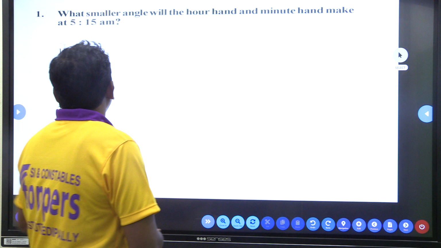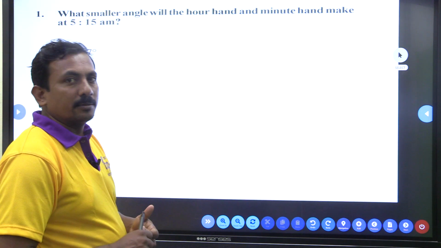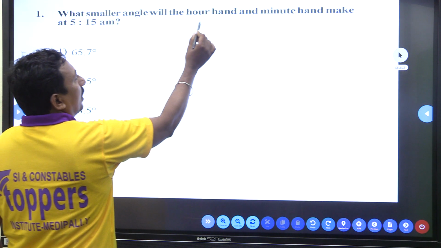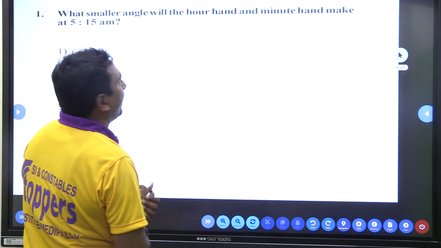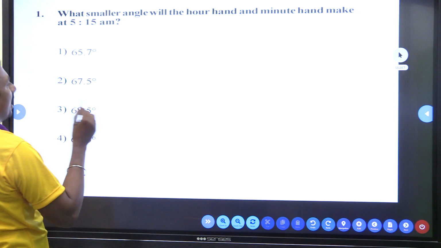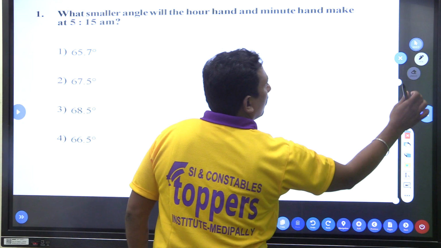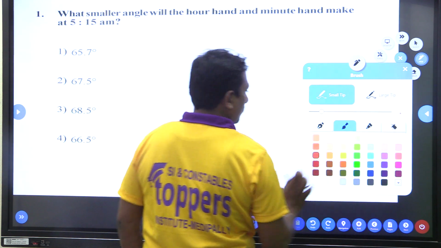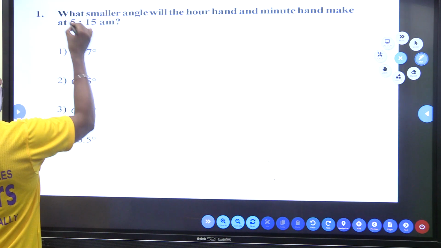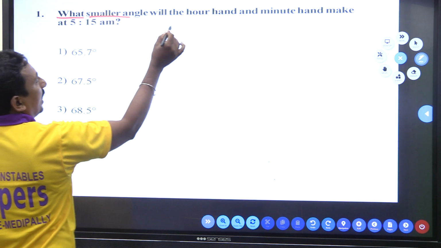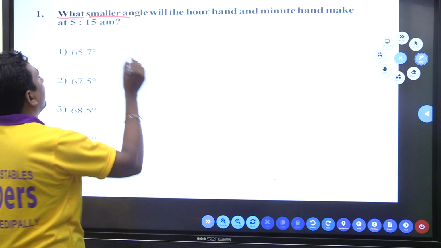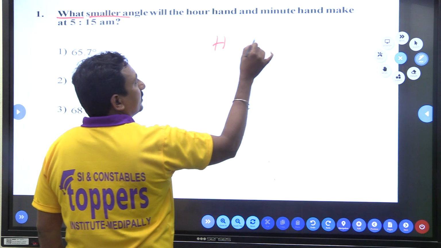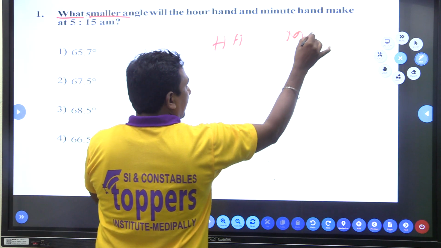Now we discuss. The question given in the question paper: what smaller angle will the hour hand and minute hand make at 5 hours 15 minutes? Here there is the hour hand, HH, and the other hand is the minute hand.